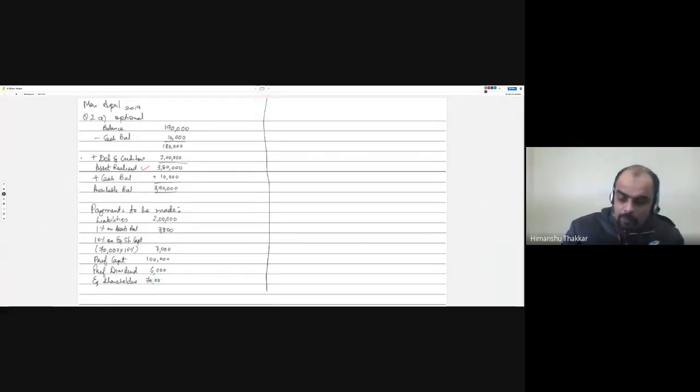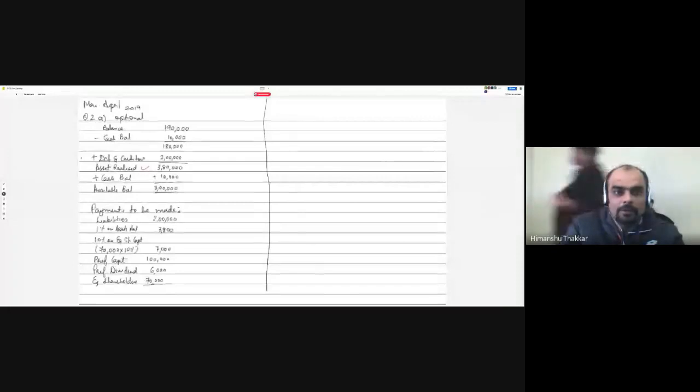So total of all these payments, we have found out whatever amount we had in our hand, and here is the total amount. Just do the total of all the payments.